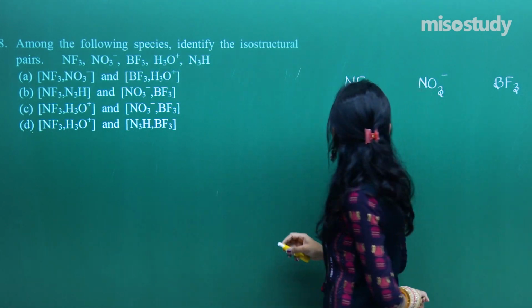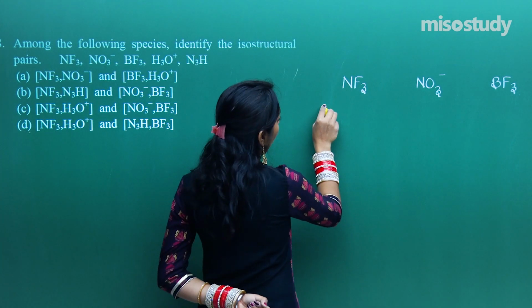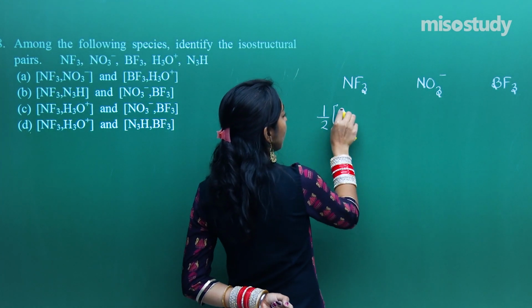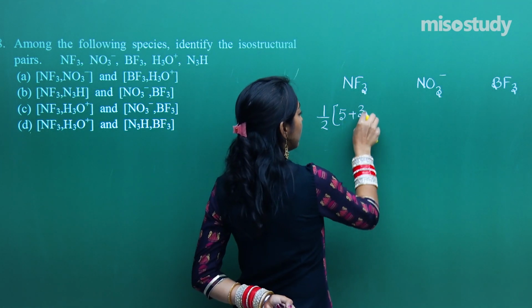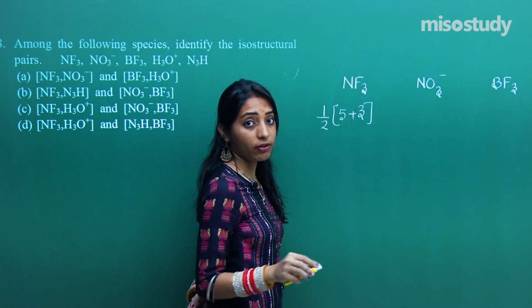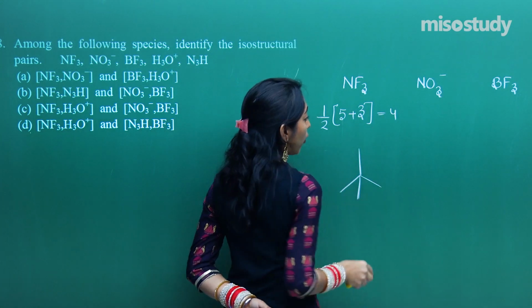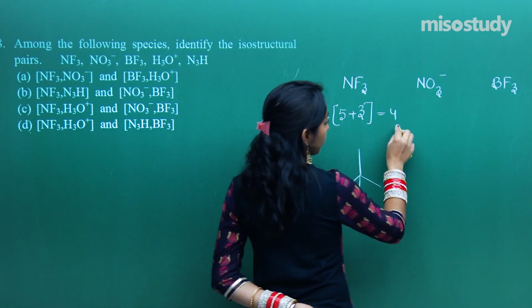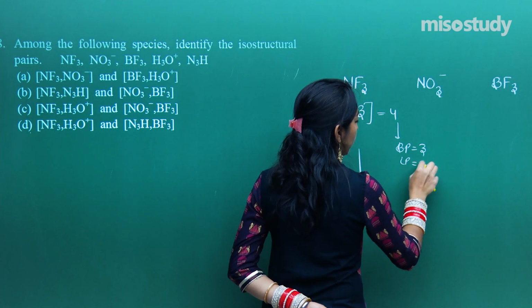Let's start doing. So we have NF3, how do we do it? Half of number of valence electrons of central atom 5 plus number of atoms attached by single bond 3. So 5 plus 3 is 8, 8 divided by 2 is 4. So it will be tetrahedral, but out of 4, bond pair will be 3, lone pair will be 1.